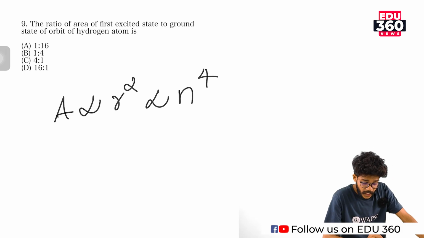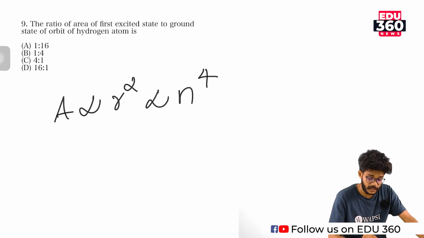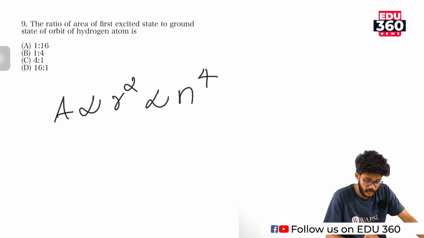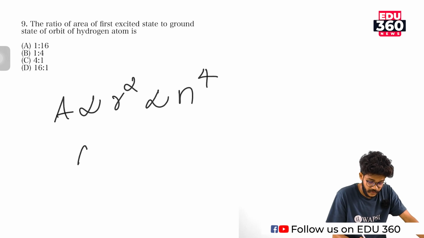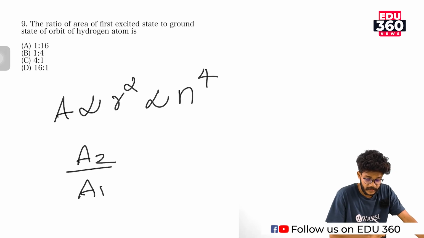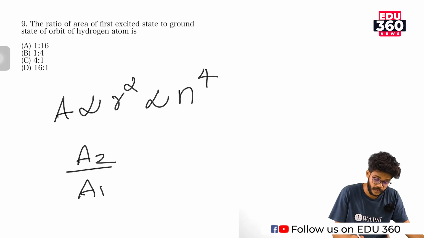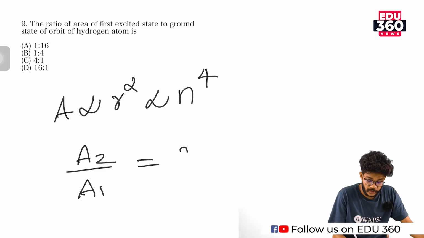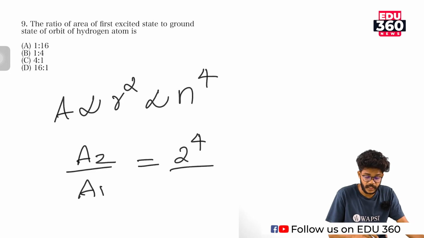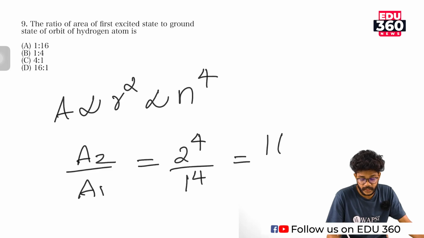We have to find A2 by A1. In the first excited state n is 2, so 2 raised to 4, and in the ground state n is 1, so 1 raised to 4, which gives 16 by 1.